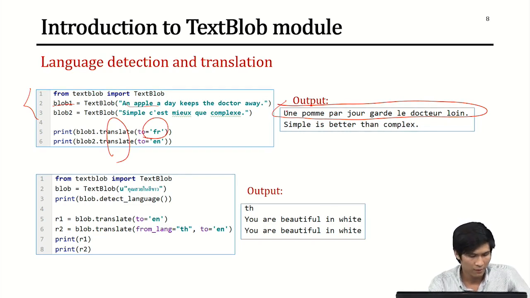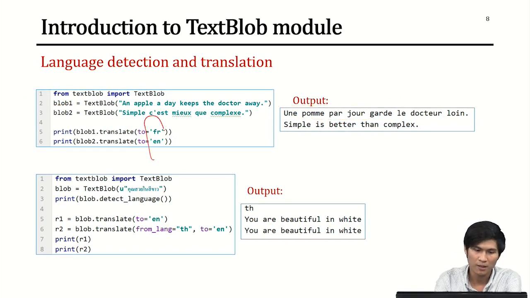So remember that we need to specify a parameter, which is a shortcut for a particular language. And in addition to language translation, we can also detect a language. For example, if we don't remember the short form of the language, we can first use detect language to find the short form of this language.